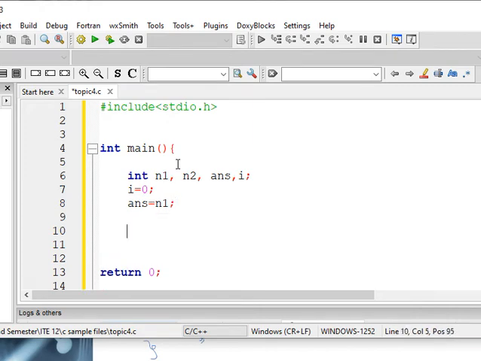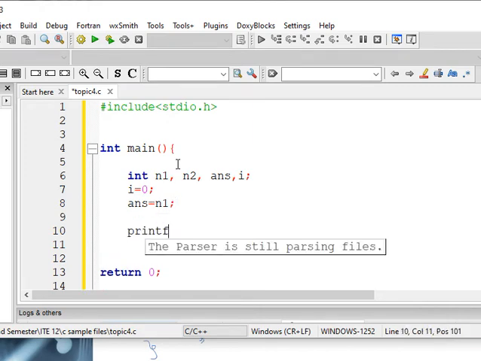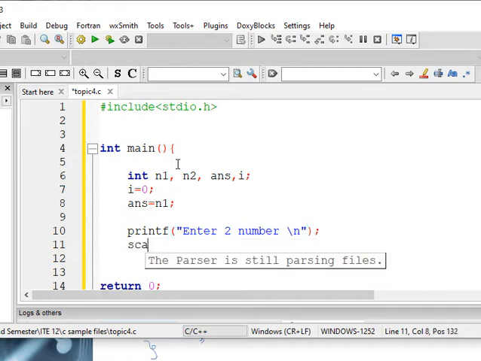Next is we ask the user to input two numbers. And then atong scanf percent %d para sa n1 tapos n2.